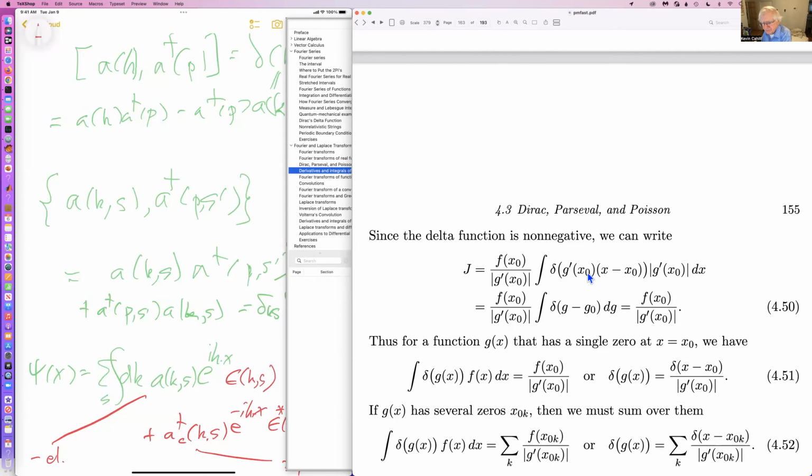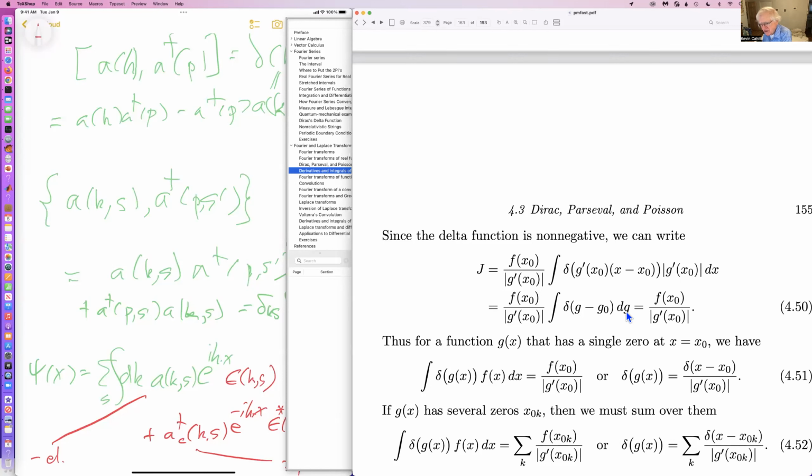And so this is delta of G minus G0, where G0 is actually 0 now that I think about it. And whether you say G0 is 0 or not, this is unity. And so that's f of x0 over g prime of x0.